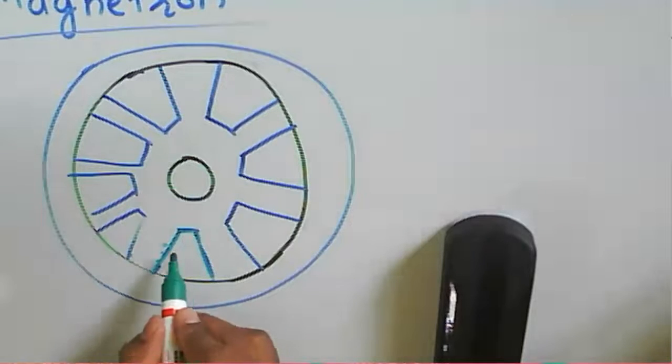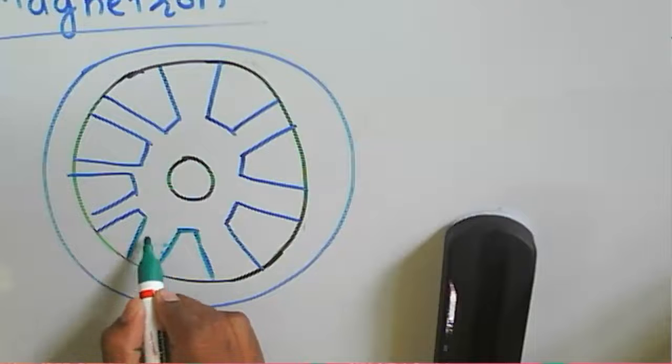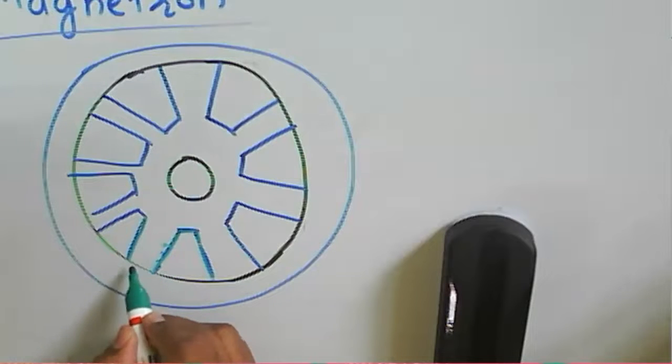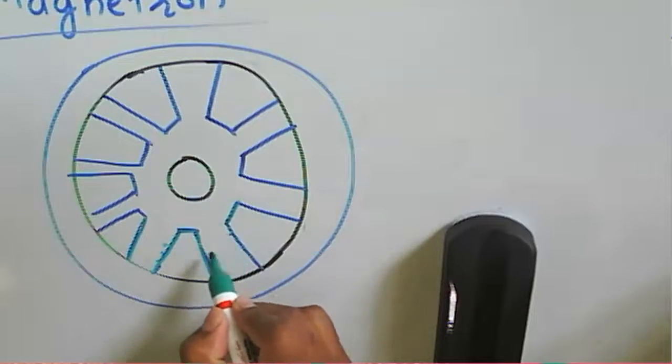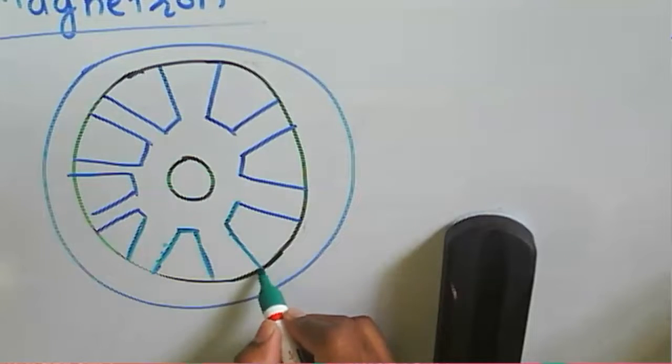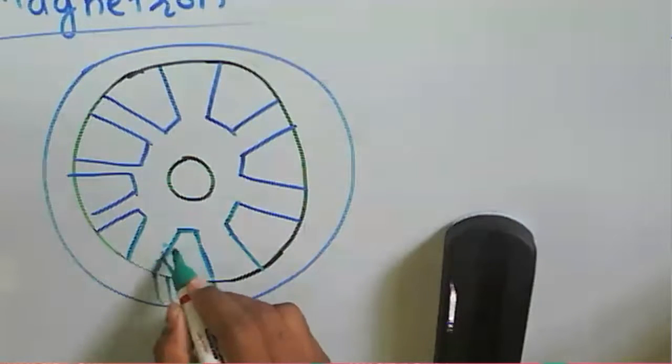From this to this is nothing but a cavity here. This to this is nothing but the cavity. So likewise, this one is about a cavity.